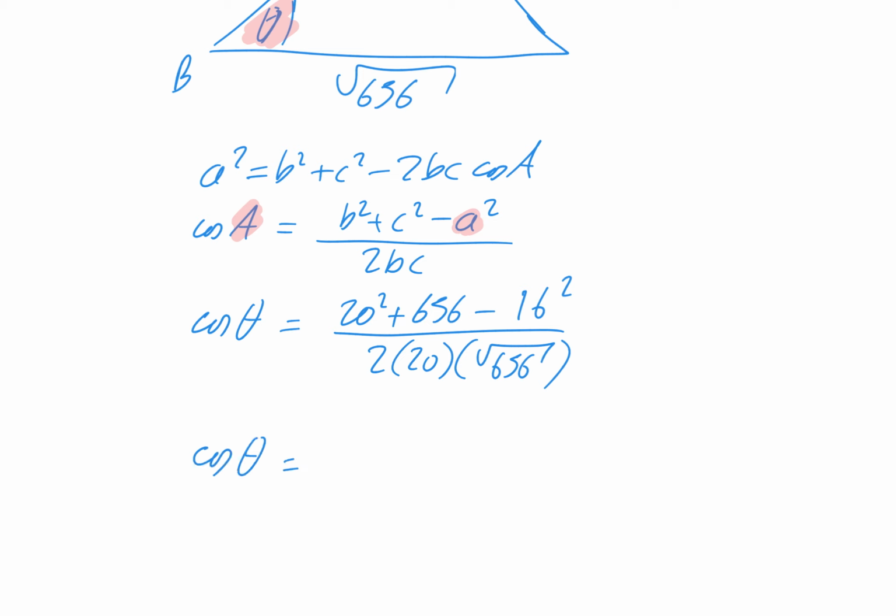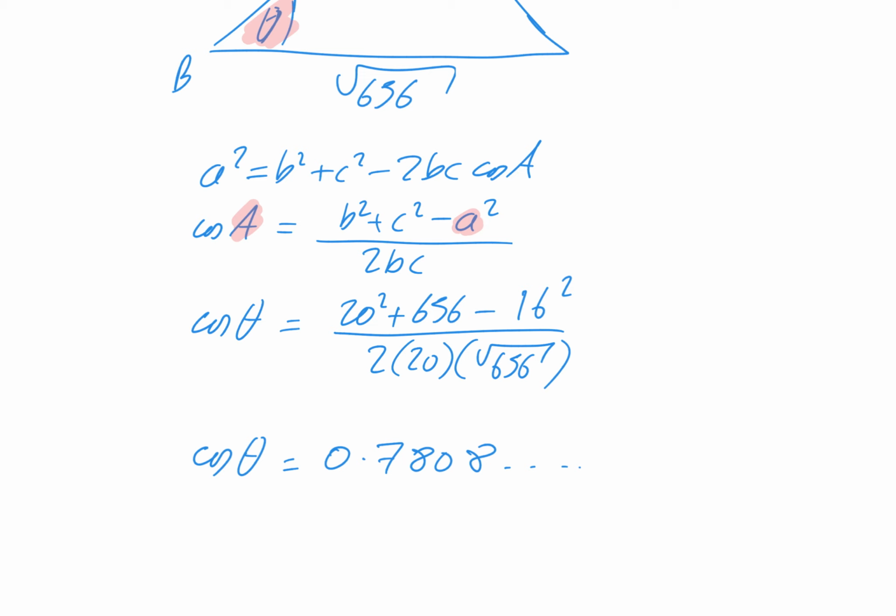Fraction button, 20 squared plus 656 minus 16 squared, all divided by 2 times 20 times the square root of 656. And that worked out for me as 0.7808 and so on. It goes on and on, but I just do the dot dot dot to show you're using it in the calculator.